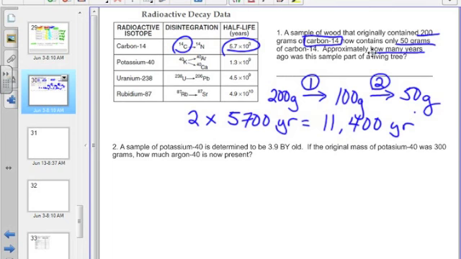That's our answer, okay? All we did was take the information they gave us, which was the mass of the parent, keep halving it until we arrive at what we want it to be, the 50 grams, count the number of half-lives, take that number, and multiply it by the value of half-life that we find in our chart. So there's your answer, 11,400 years.